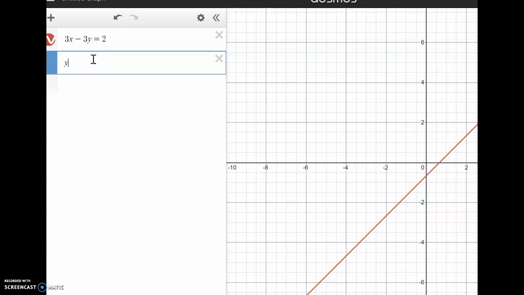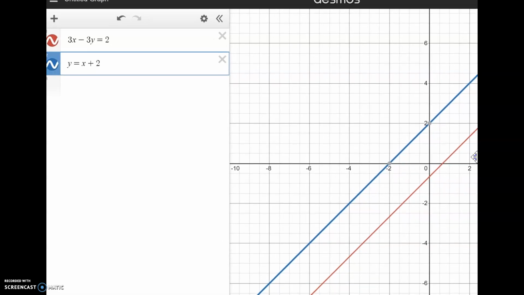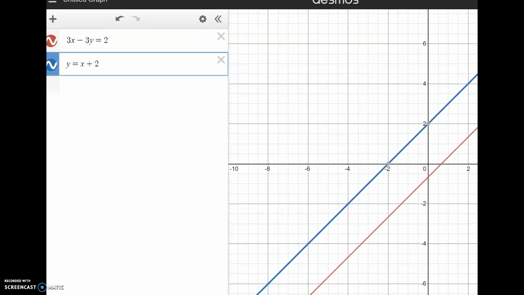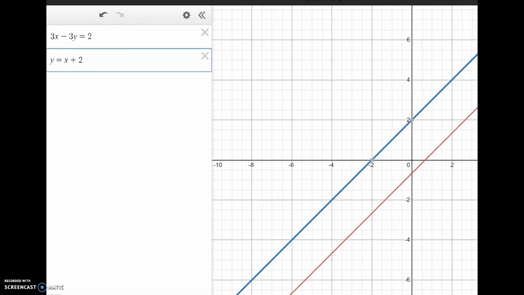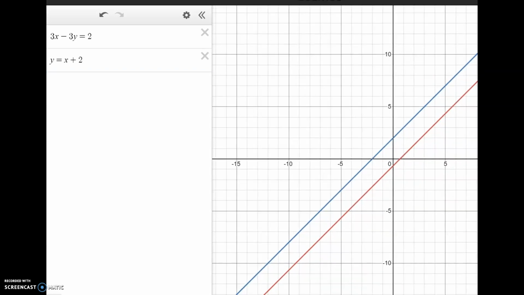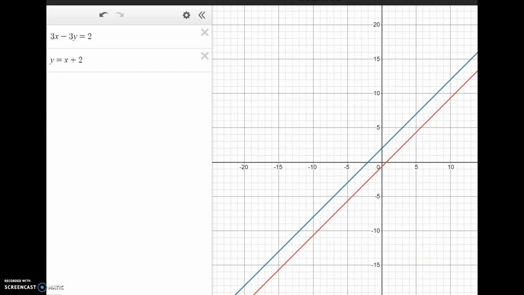And then y is equal to x plus 2. Actually, that's as much as I can do, but I can zoom out here, and you can see that both of these lines are never going to have a coordinate point of intersection.